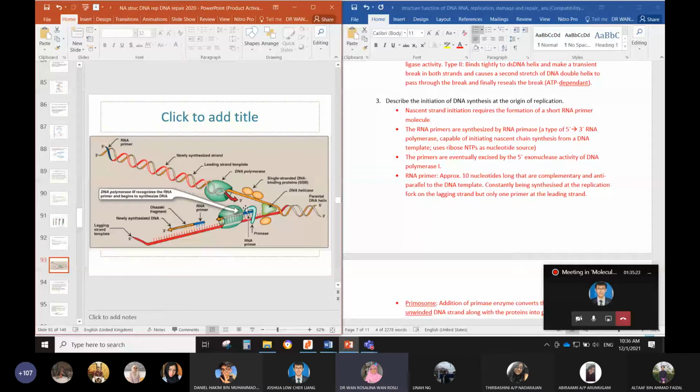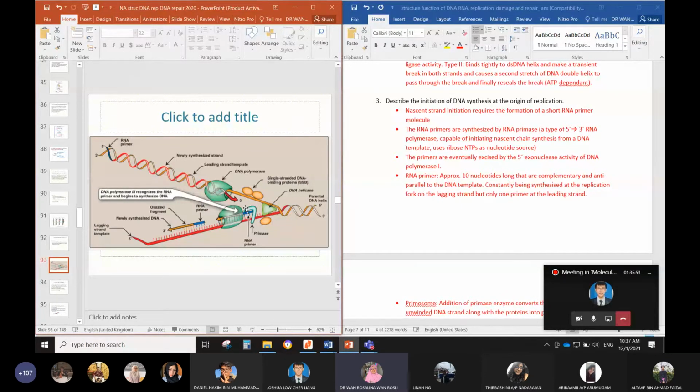Primers are like a catalyst. It's a short RNA strand that would start off the replication process. So after you have the primer built by primase, your DNA polymerase would recognize something that can be added to: now I can do my job.